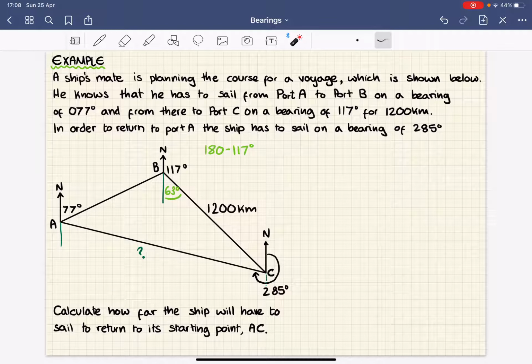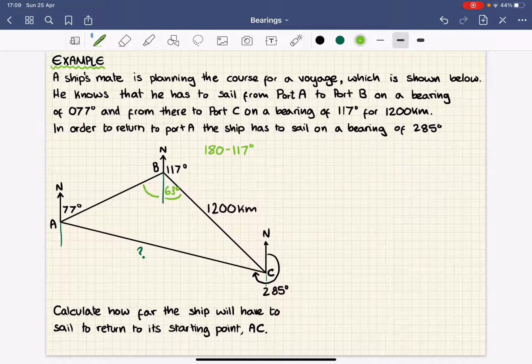So I'm going to go about trying to see what Z angles I can spot in angles where I'm missing some information. And I'm going to start here because this is the middle one, so everything's going to kind of relate to the middle here. And if I follow this line down and go up the northern line, because I'm working from my northern lines, they're parallel, this 77 degrees is going to be the same up here.